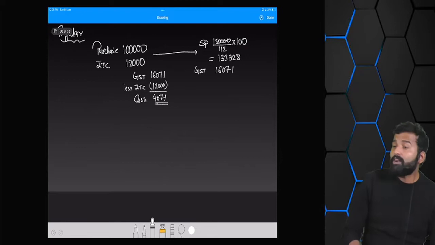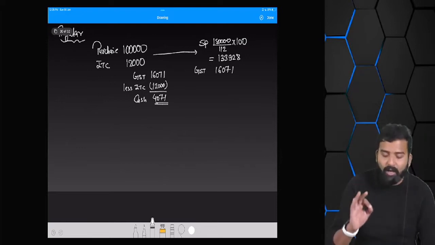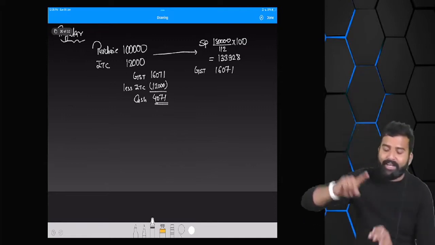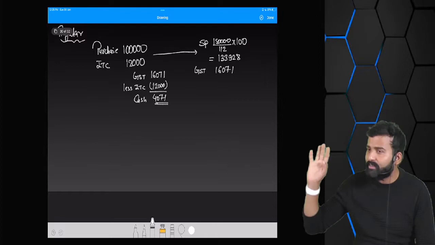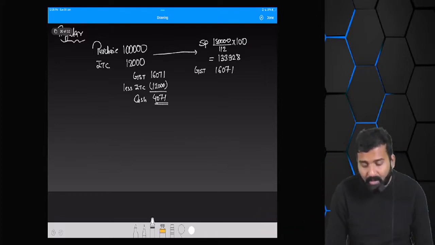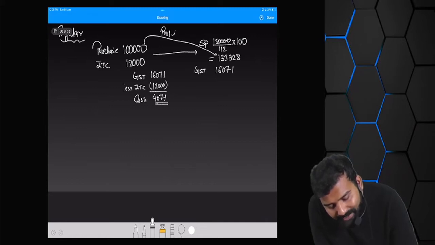I have told you earlier also that a dealer cannot earn anything out of GST. So he will be collecting 16,000. He has already paid 12,000. He will pay the remaining 4,071. There is no burden of any tax on this particular supplier. But he is earning a profit of rupees 33,928.